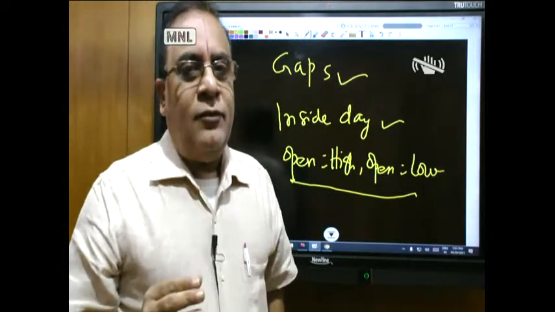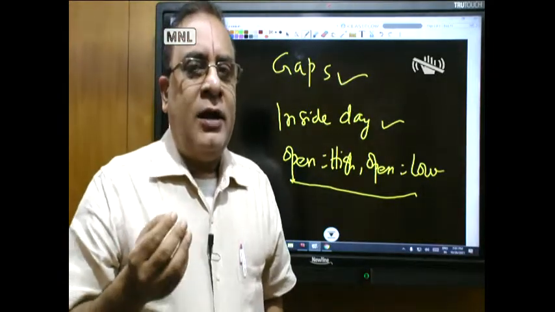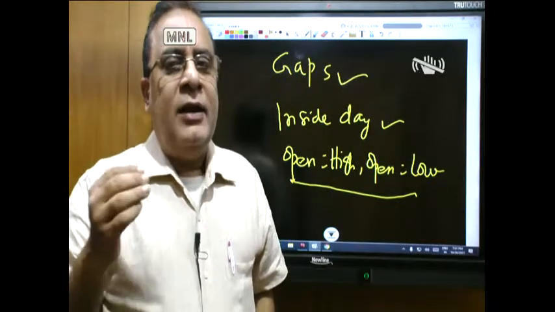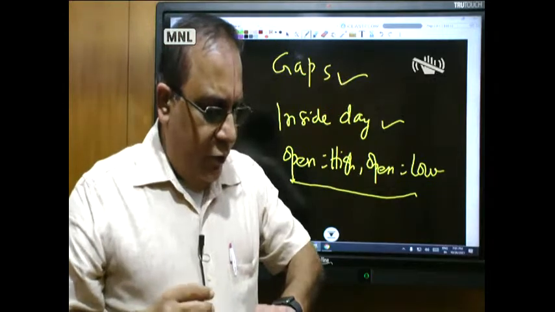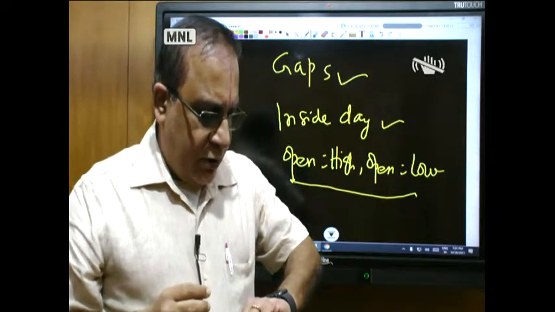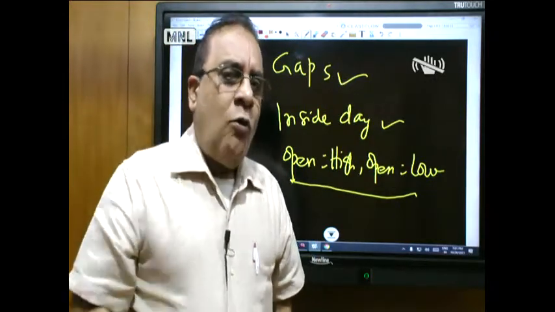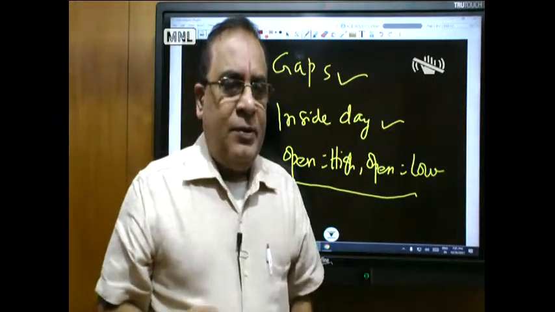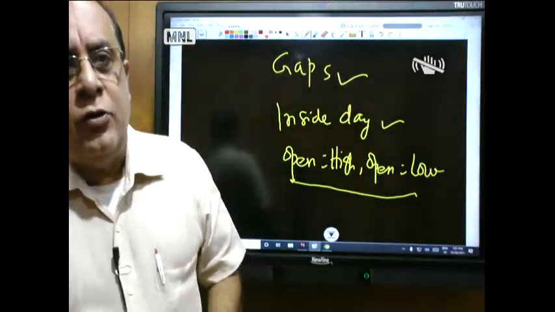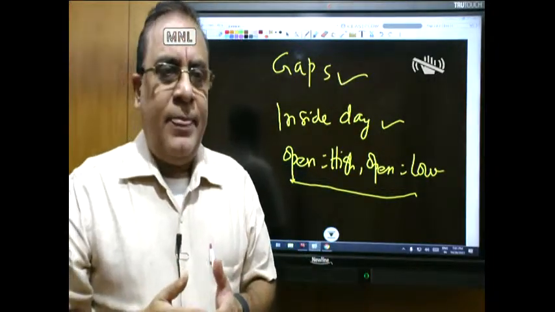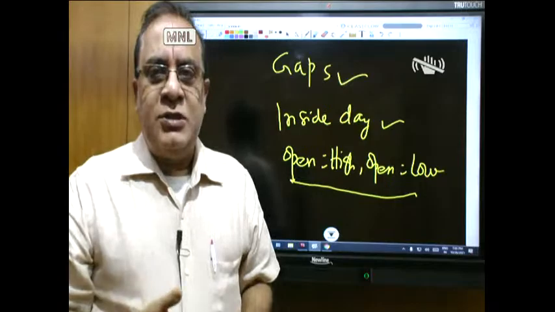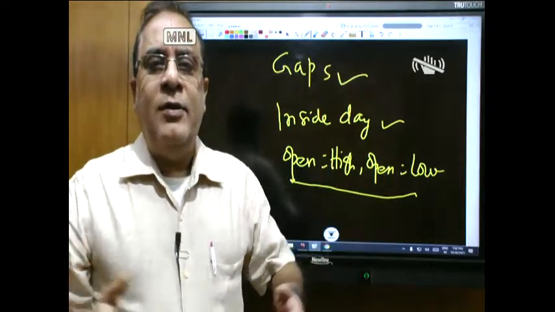We should be very careful that gaps are created for one reason, that is the sentiment. In the gap up case, the sentiment is quite positive based on the overnight developments. Our trading time is between 9:15 and 3:30, but the overseas markets work almost 24/7.